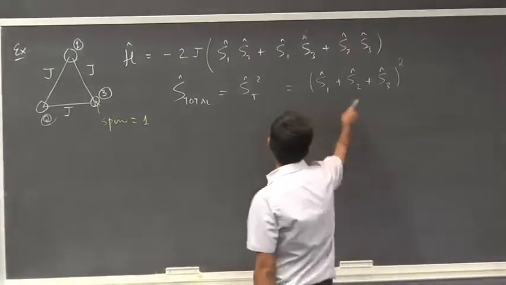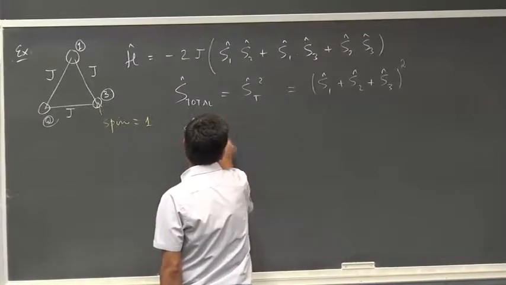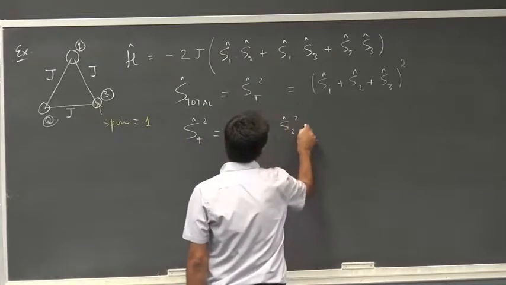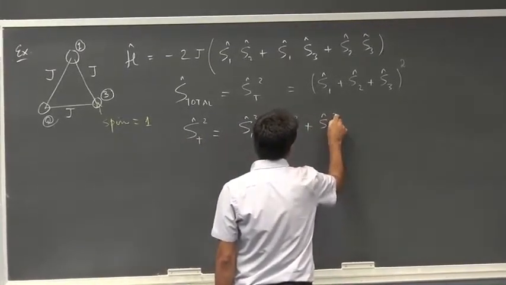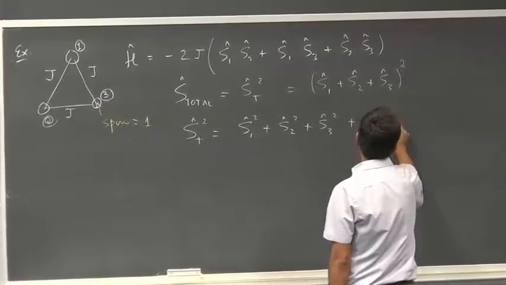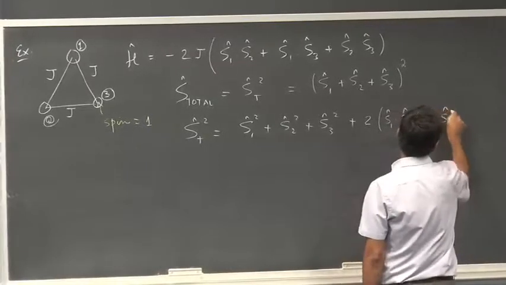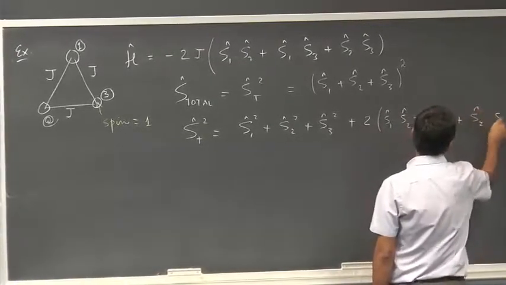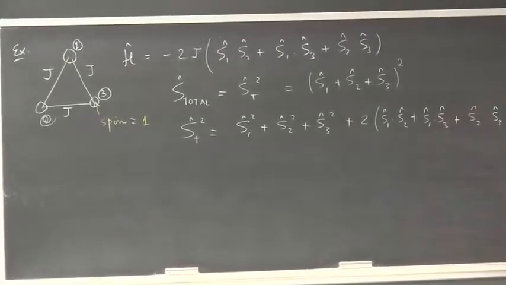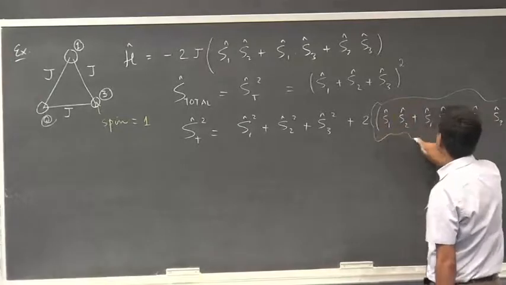So from here I can tell that S_T squared is S1 squared plus S2 squared plus S3 squared plus 2 times (S1 dotted with S2 plus S1 dotted with S3 plus S2 dotted with S3). Right? So this thing is proportional to my Hamiltonian.